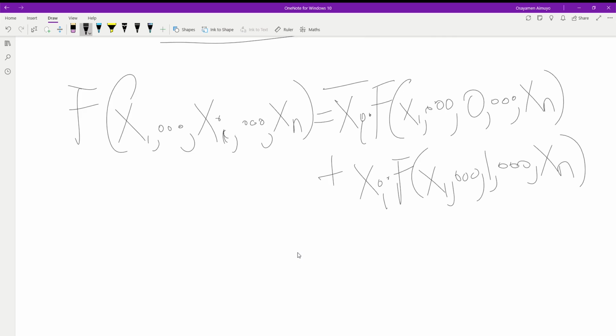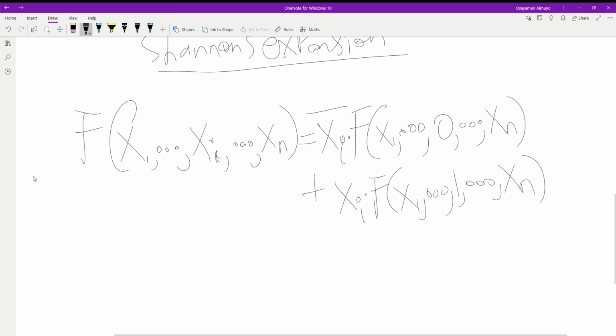Okay, so all it is saying is that given a function of whatever number of variables, just pick one of those variables, set it equal to 0, and then the resulting function and the variable you picked negated, or just that same variable, set it to 1, the resulting function you get, and the literal, yeah, just the literal. Okay, let's do a quick example. And we move on to our next topic.